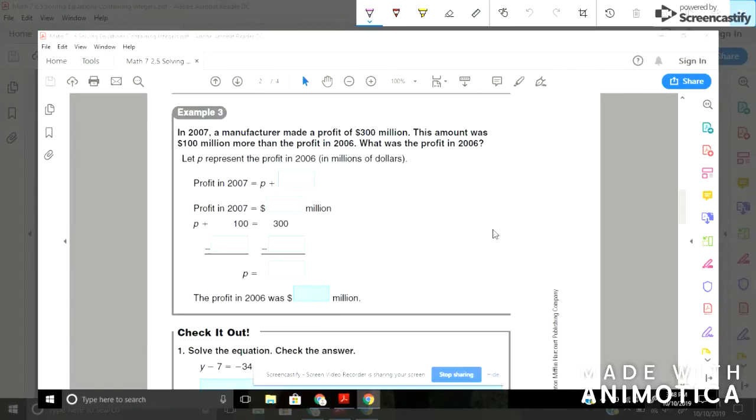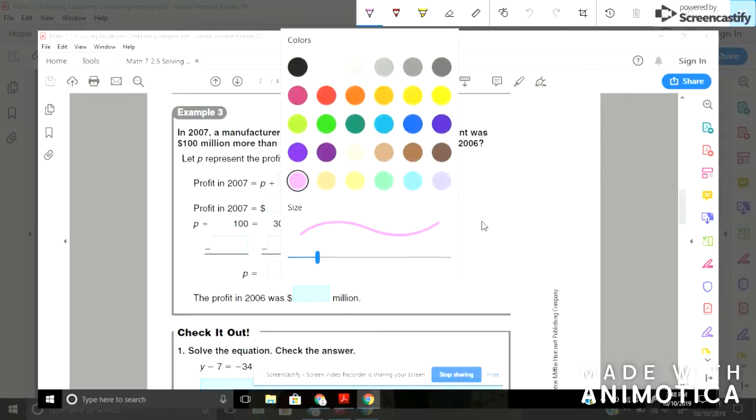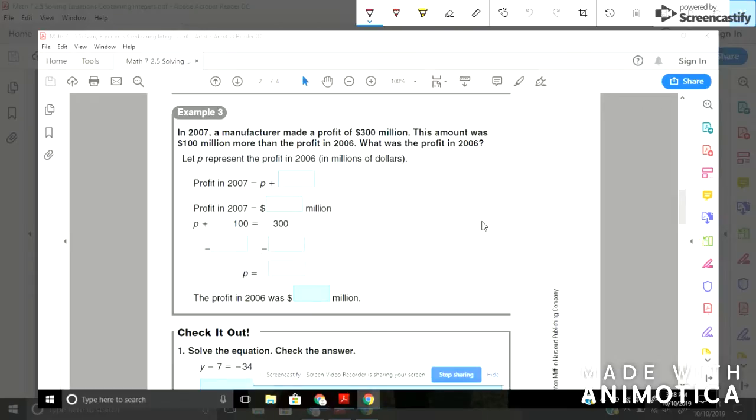All right, so picking up on example 3, it says in 2007, a manufacturer made a profit of $300 million. Wow, I would like to make that profit. This amount was $100 million more than the profit in 2006. Wow, incredible. What was the profit in 2006? All right, so first let's identify what some of our variables should be. It says let P represent the profit in 2006 in millions of dollars.